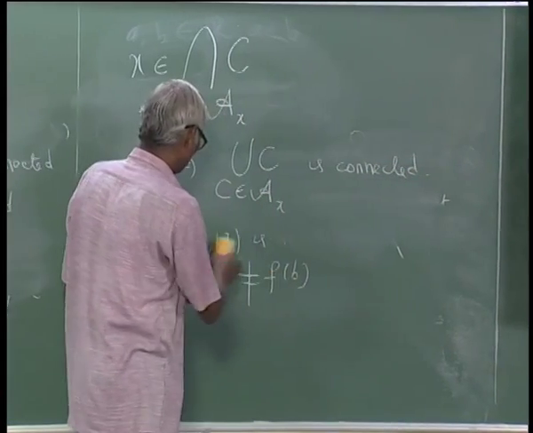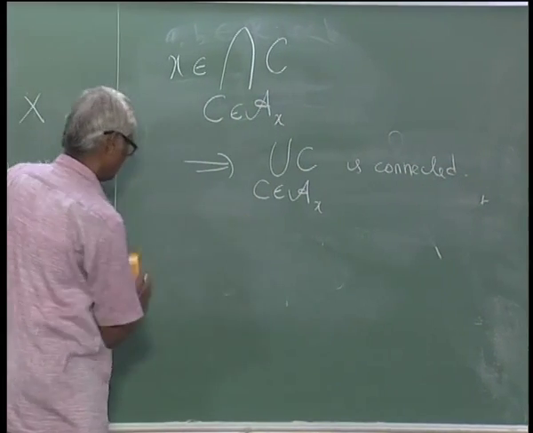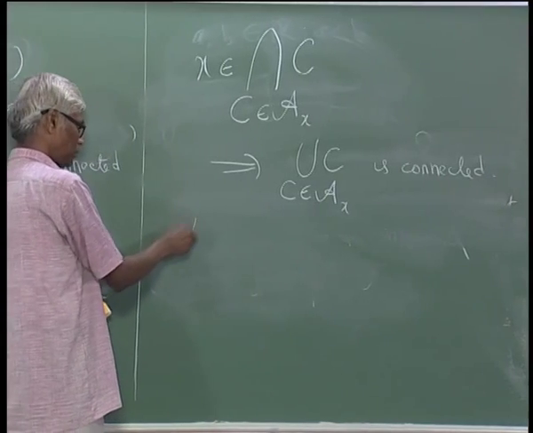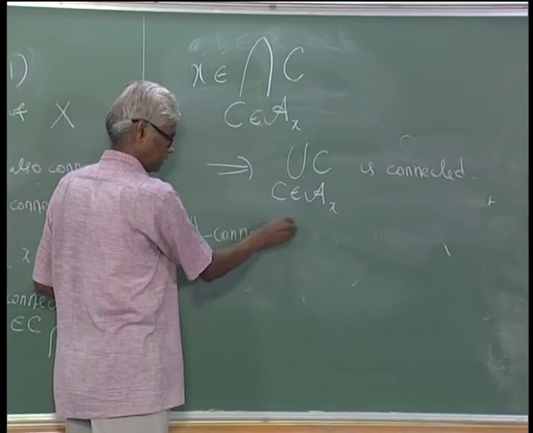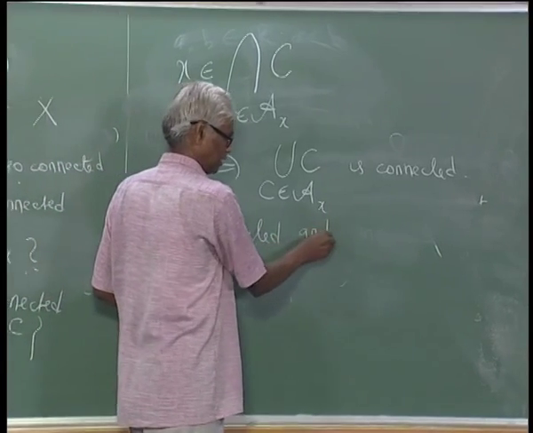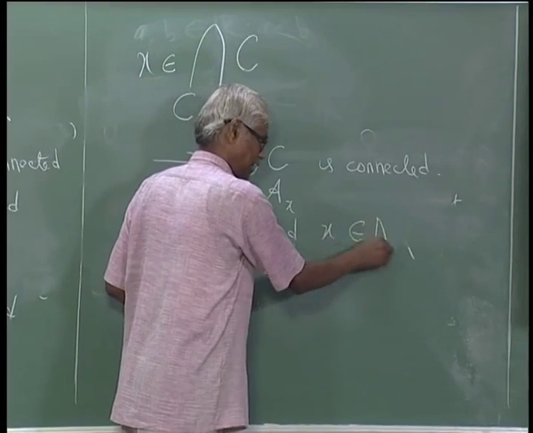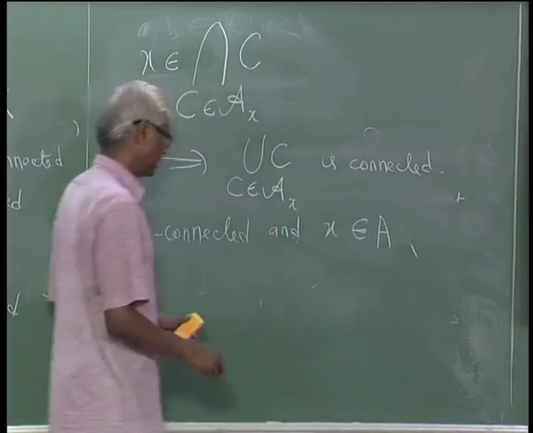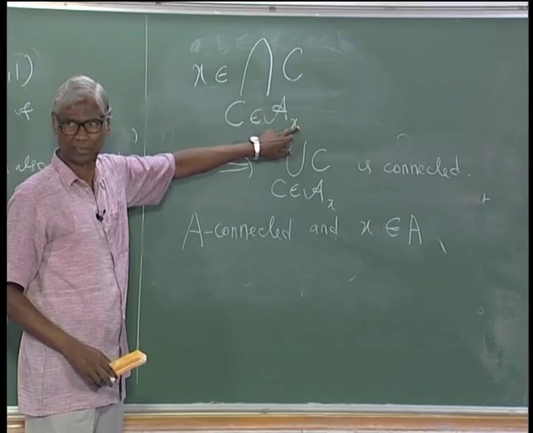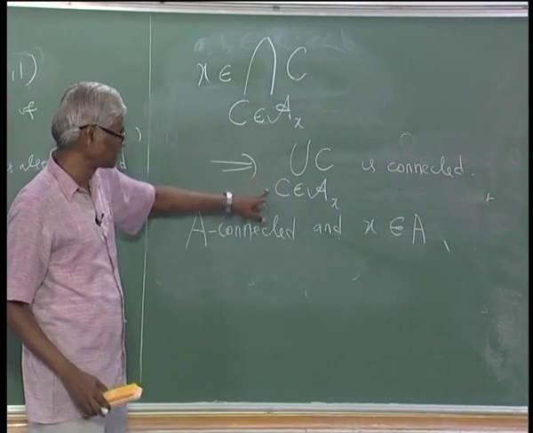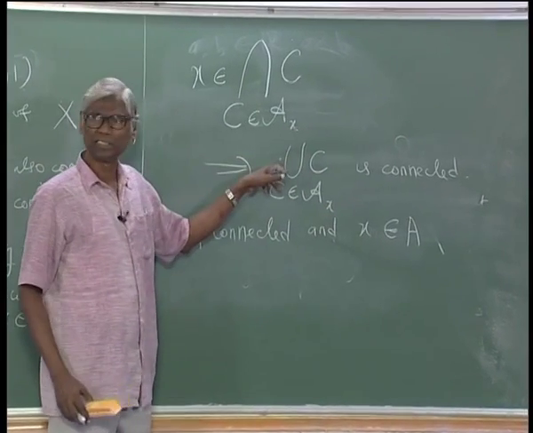So, in fact now you take any connected set, suppose A is connected and it is a connected set containing x, then A should be a member of script A_x. That means A will be a subset of this connected set.